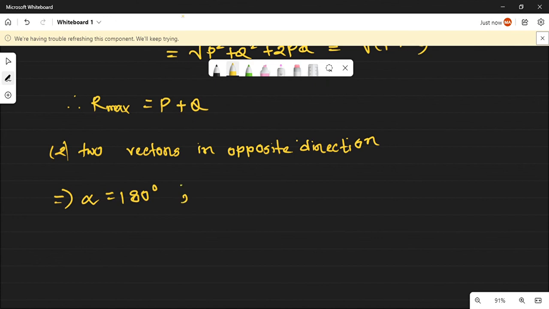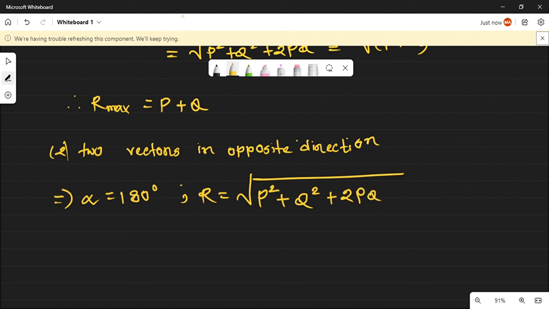Then R will be the square root of P square plus Q square plus 2PQ into cos 180 degrees.